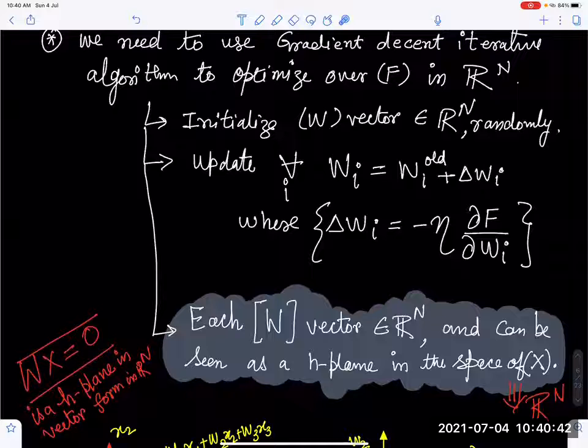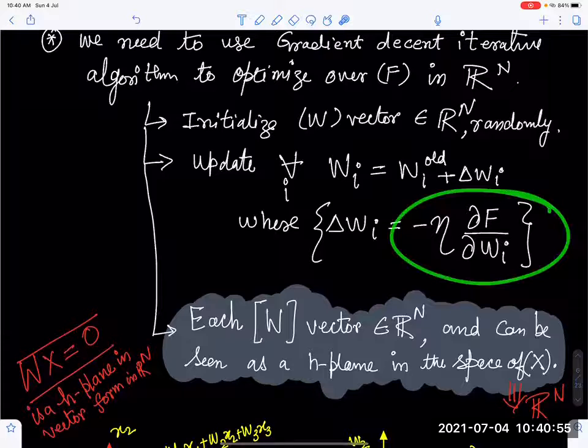Yeah. So we initialize this with some random values, and then for each and every dimension we move as w_new equals w_old plus delta w, where delta w is actually this.